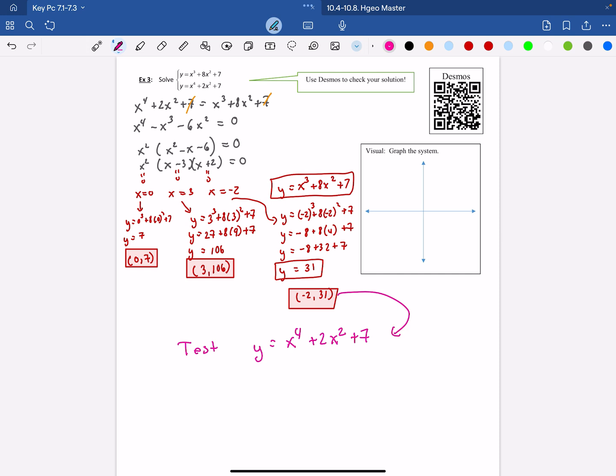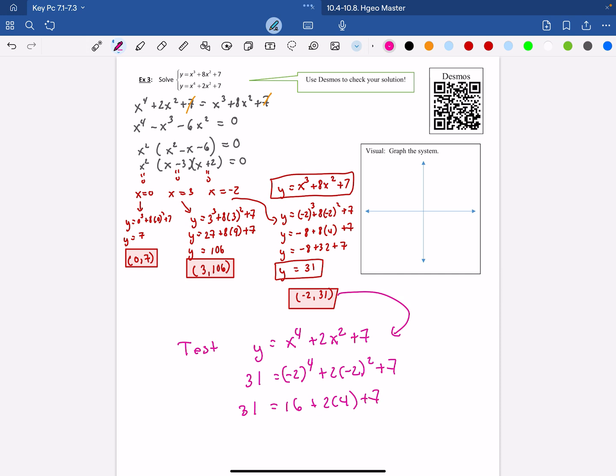All right, test it. So when y is 31, I get negative 2 to the 4th power plus 2 times negative 2 squared plus my 7. Okay. And then I end up with 31 is equal to negative 2 times negative 2 times negative 2 times negative 2, which is a positive 16, plus 2 times 4 plus 7.